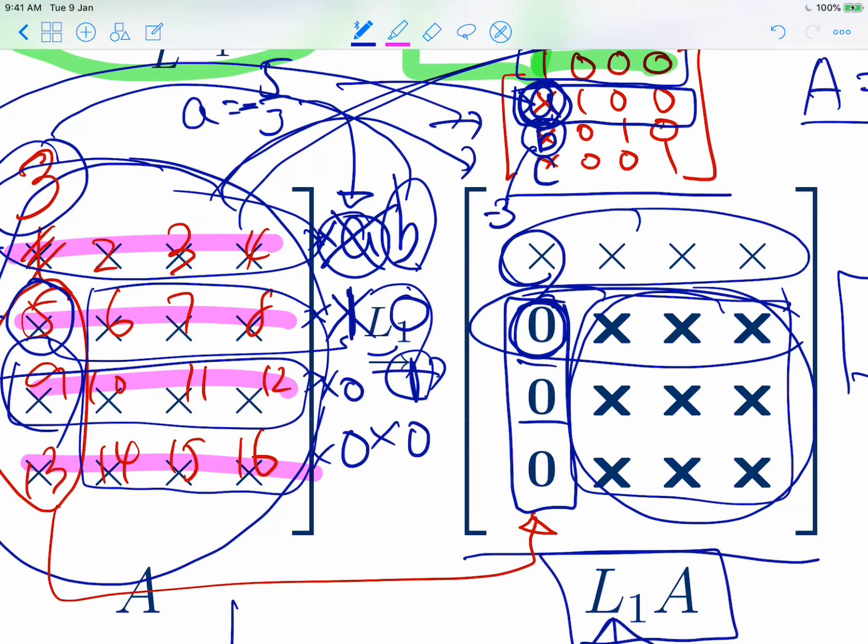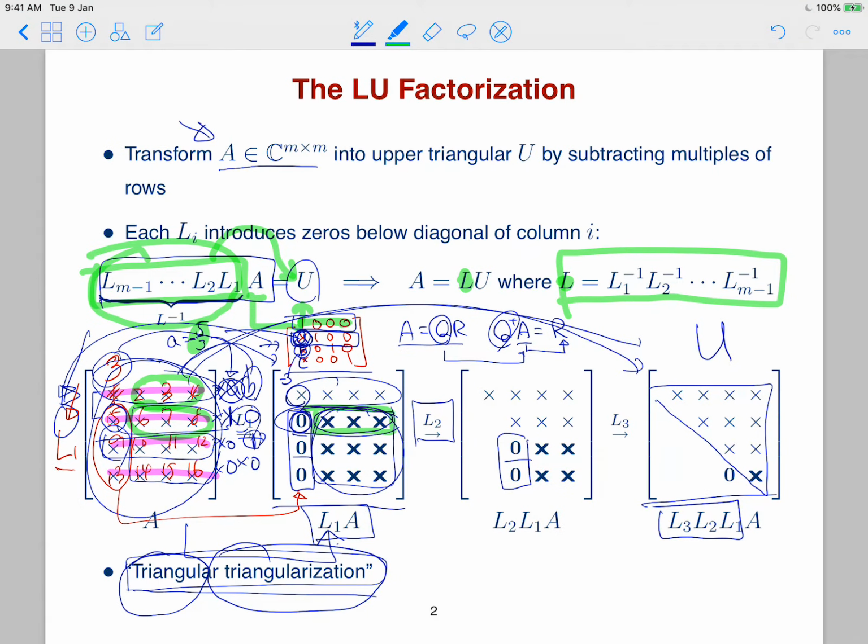This is the result of the linear combination of this row and also this row, when multiplying this row by this number. And so we will generally obtain new non-zero values, right?